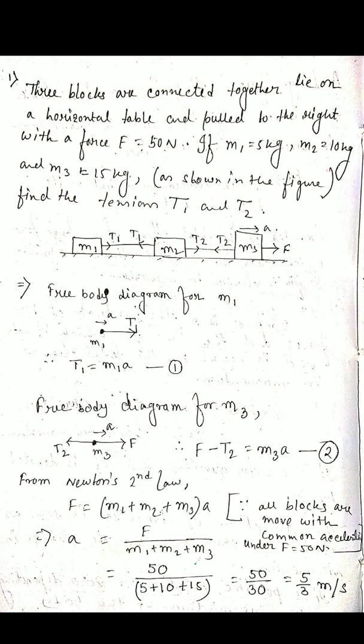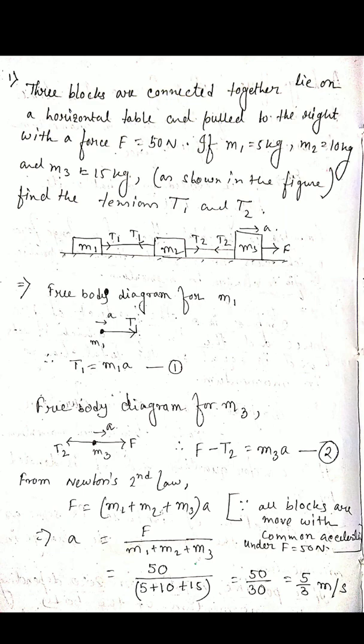Now if we consider the total system, it consists of three masses, M1, M2 and M3. According to Newton's second law, F equals M into A. F is 50 Newton, equals M into A, where M means the force acts on all three masses together, so M is M1 plus M2 plus M3.